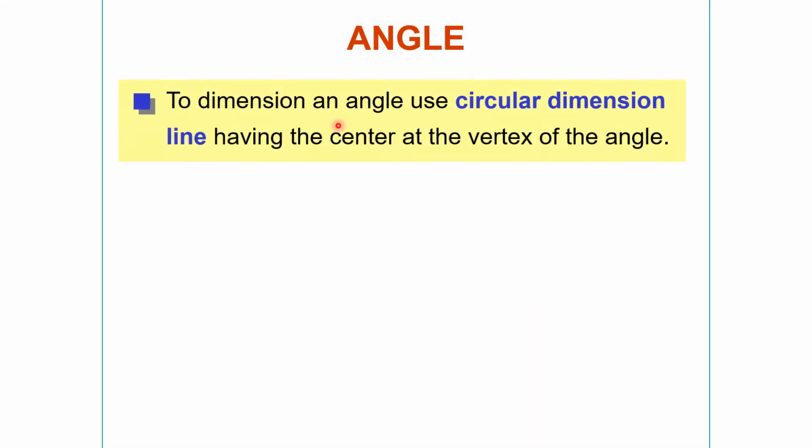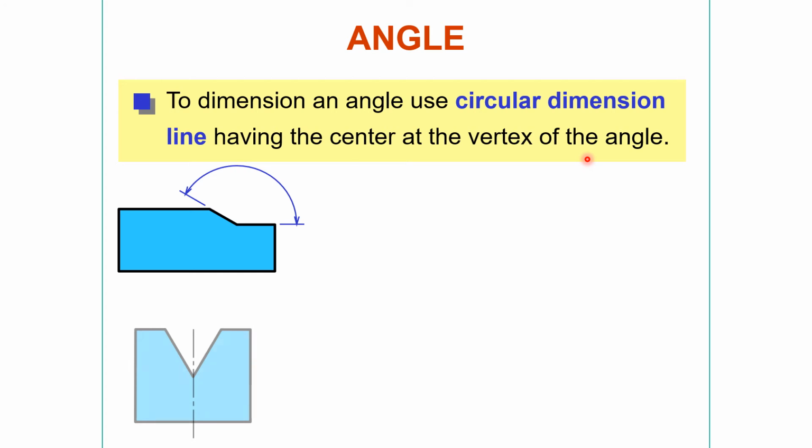Angle. To dimension an angle, use a circular dimension line having the center at the vertex of the angle. Now make an angle outside. That is the vertex.